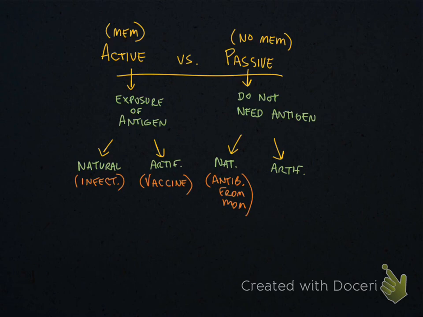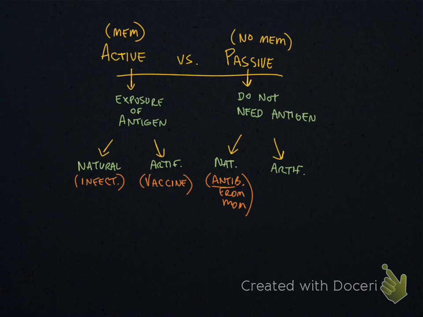There you're not exposed to the antigen, but you have the benefit of receiving the antibodies that will be specific for that antigen, say, if you are exposed to it later on. But you did not develop these antibodies yourself because of an exposure. Therefore, you do not have memory, so you can't make more of these antibodies.